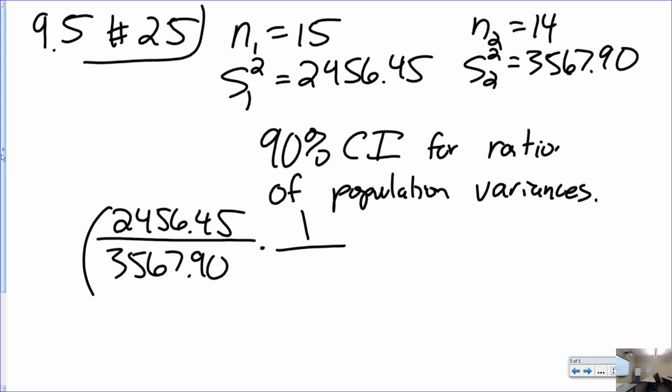Now your job is to figure out what F is. First thing though, since it's a 90% confidence interval, what's alpha? 0.1, good. And so what's alpha over 2, folks?